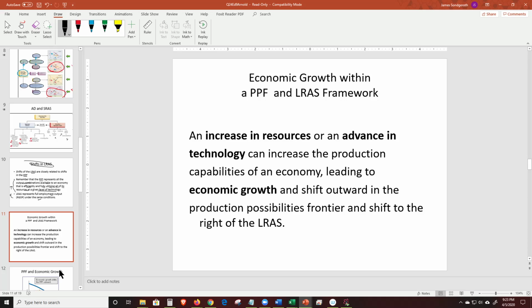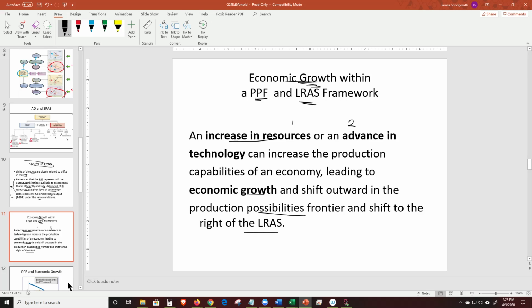So, an increase in resources. How about economic growth within the PPF and LRAS framework? An increase in resources or an advance or improvement in technology can increase the production capabilities of the economy, leading to economic growth, and shift the PPF outward and the LRAS to the right.